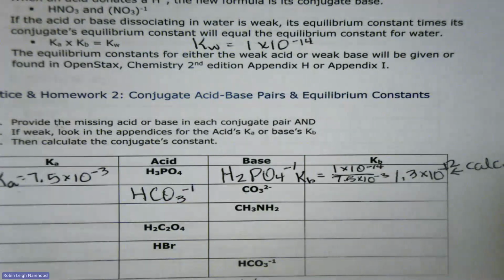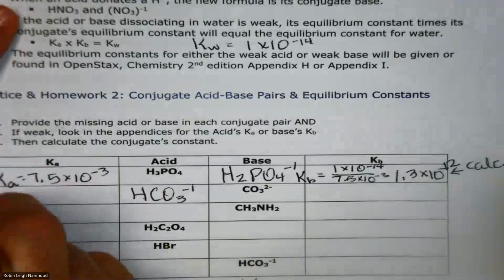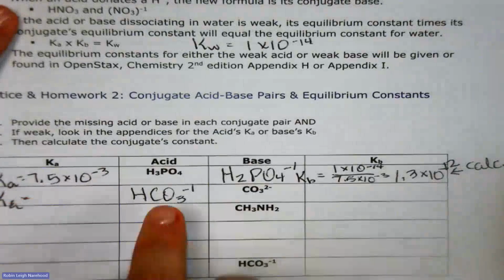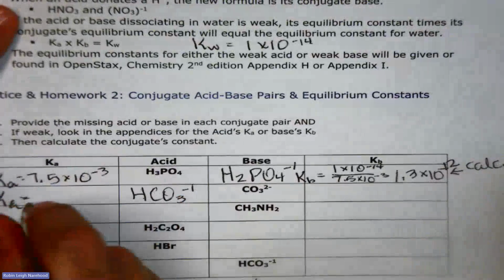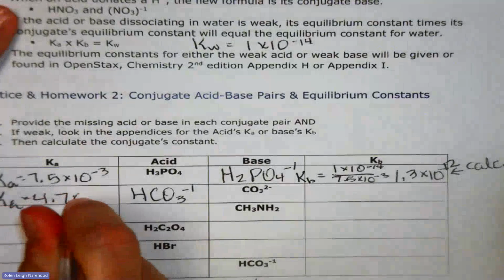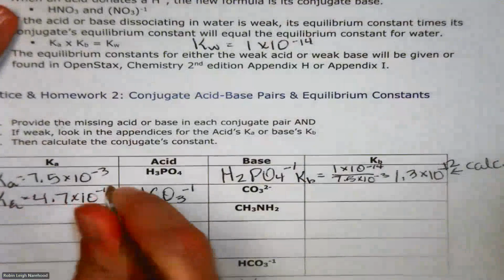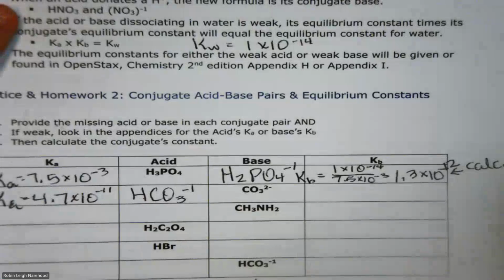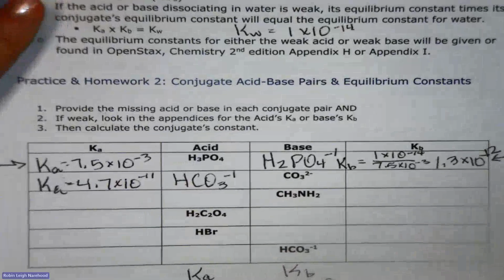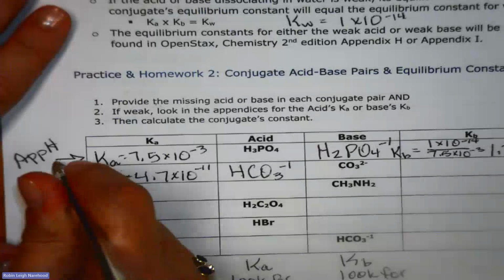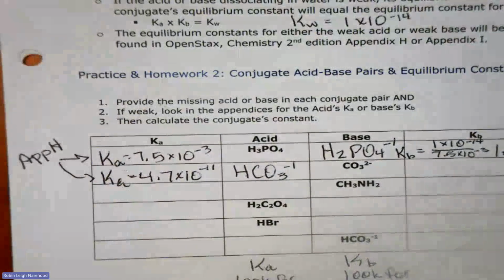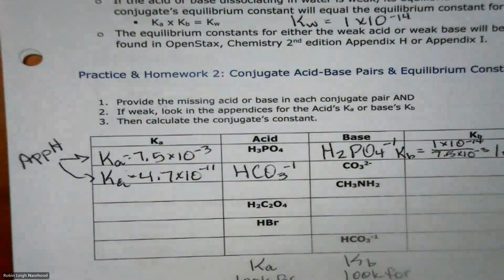And the Ka for HCO3 negative 1 is 4.7 times 10 to the -11. So that is in Appendix H. If it is an ion, you will have to write its conjugate acid and then look up its conjugate acid's Ka and use that to calculate the Kb.